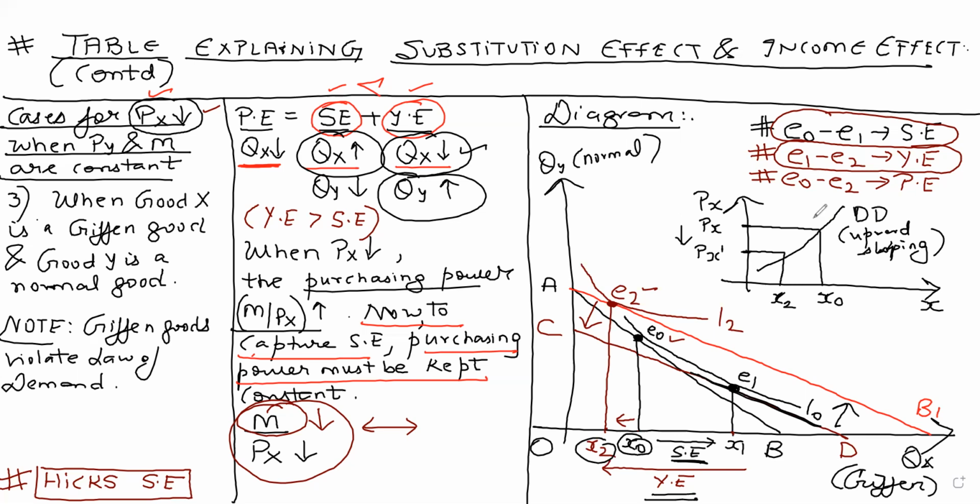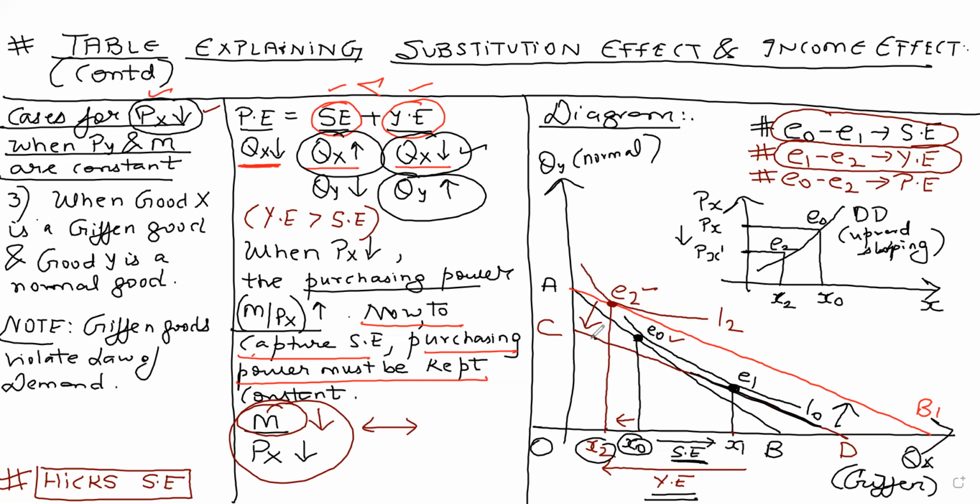Now guys, this was corresponding to point E0 and this is corresponding to point E2. Remember, when you are plotting the demand curve, you are not concerned with point E1 because point E1 lies on the compensated demand curve. Your CD budget line is your compensated budget line.